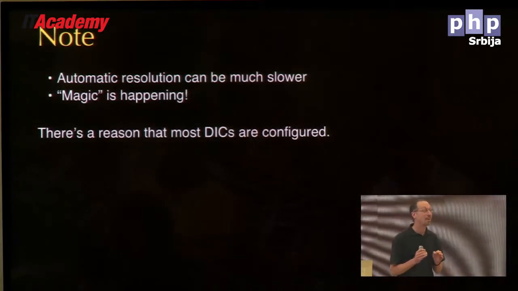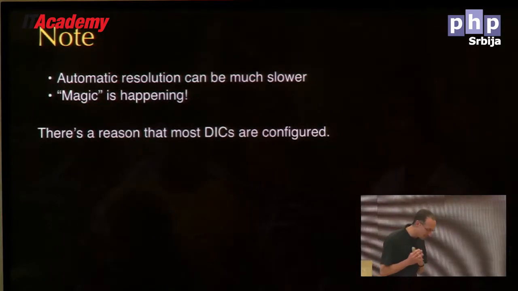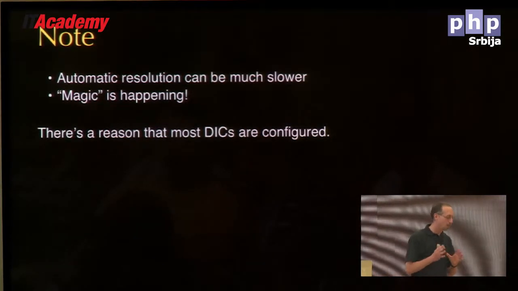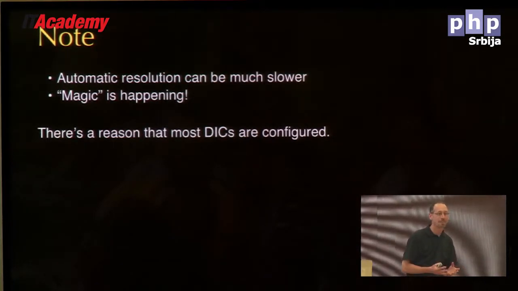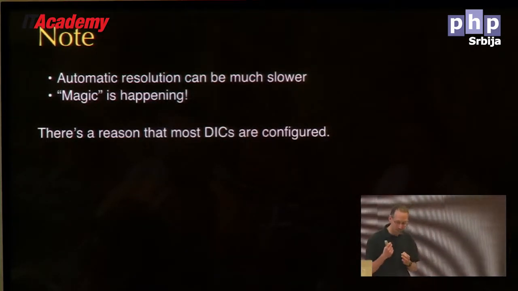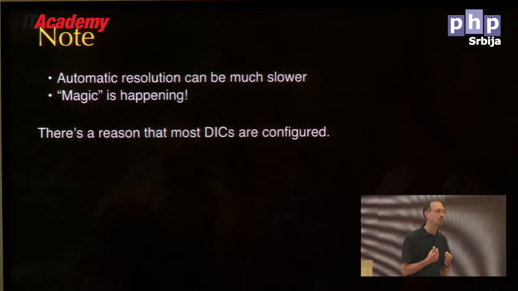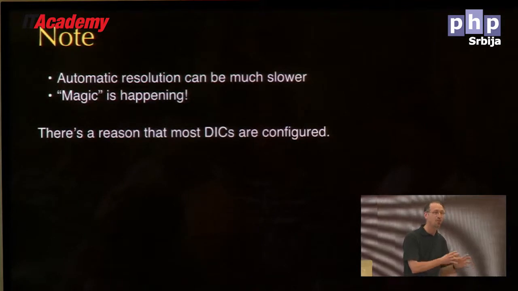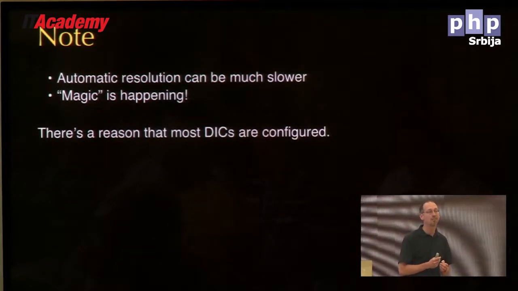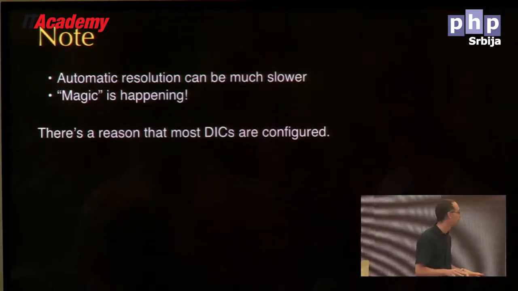Magic is a nightmare to debug. Magic is normally where all your maintenance problems come from. So be aware of this. If you're going to use an automatic dependency injection container, you are signing up to the source code doing stuff that you may not fully understand. Be aware of that and make your choice accordingly.